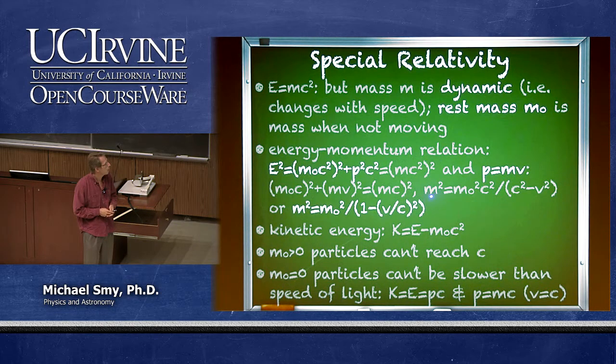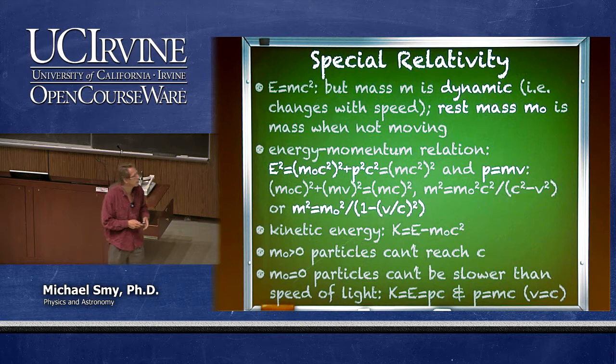Or the dynamic mass equals the rest mass times the speed of light divided by the square root of the speed of light squared minus the velocity squared. And usually it is put in this form, that the dynamic mass is the rest mass divided by the square root of this factor.